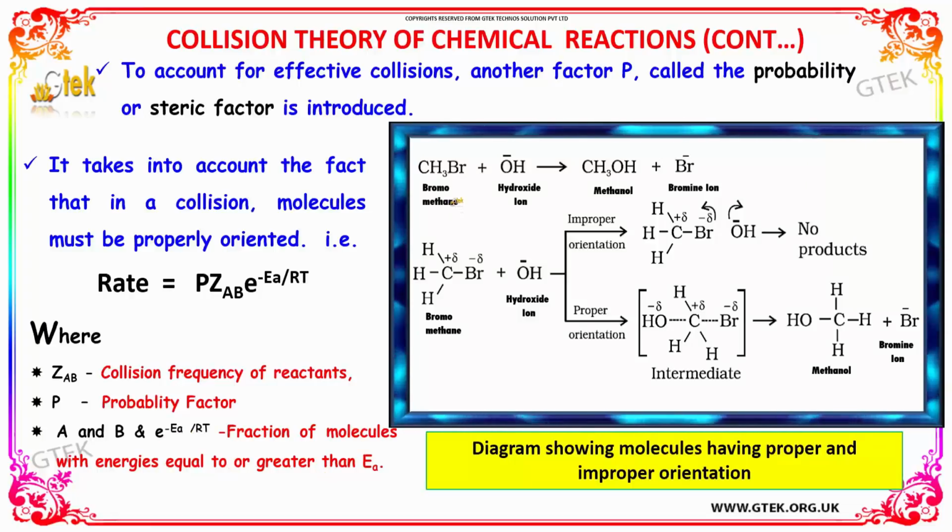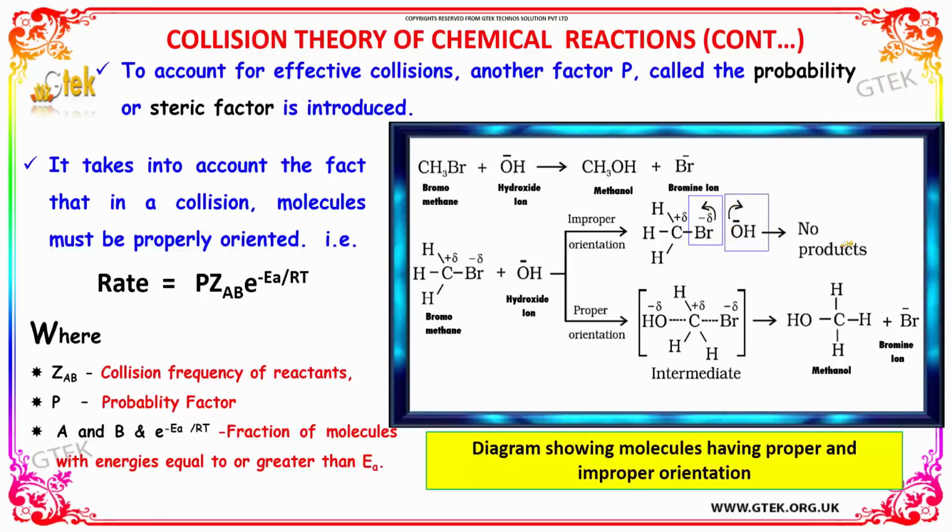You are able to see you got your bromomethane mixed with a hydroxide ion to give methanol and bromide ion. So here is the exact structure of bromomethane with a hydroxide. With improper orientation, you are able to see there won't be any product, because this one is moving in this direction and this one in this direction.